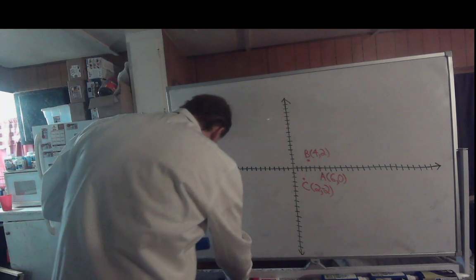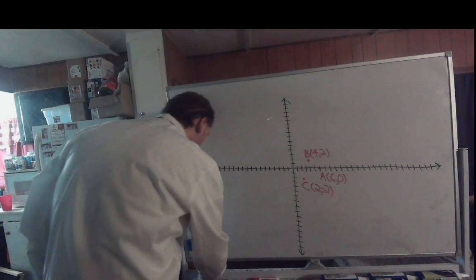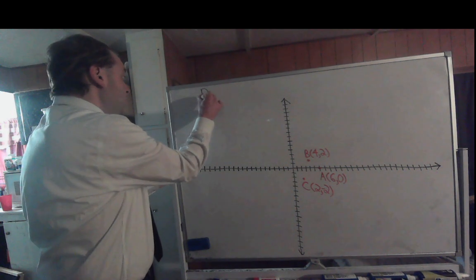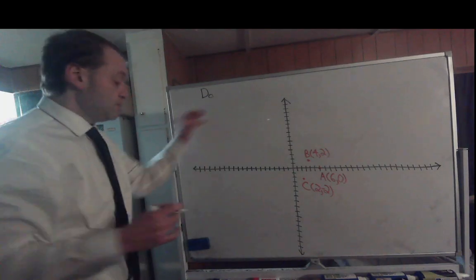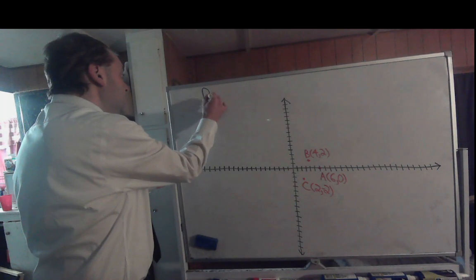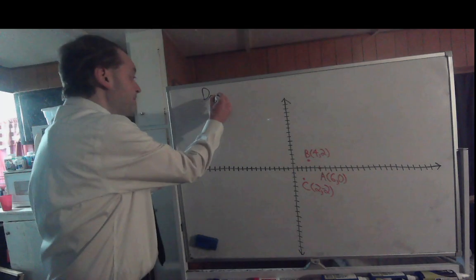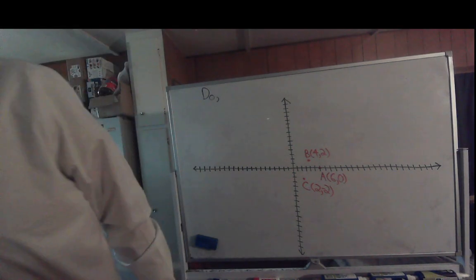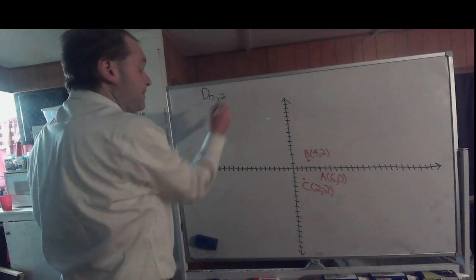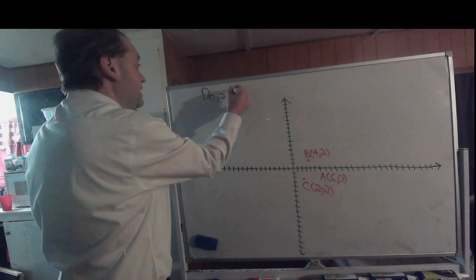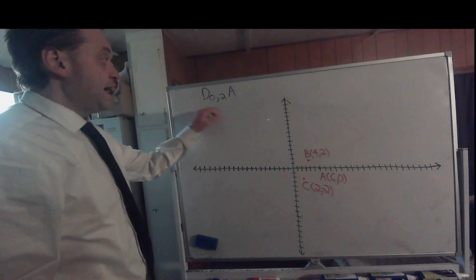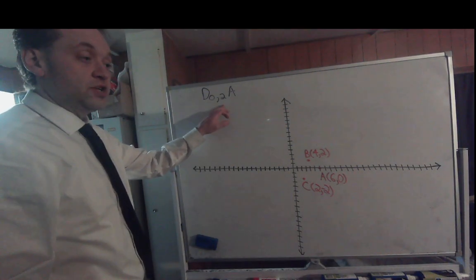We're going to do some dilations with each of these points here. So, the first one, we're going to have a dilation about the origin, and this time your scalar multiple is 2 of the point A. So we have a dilation through the origin at point A with a scalar multiple of 2.